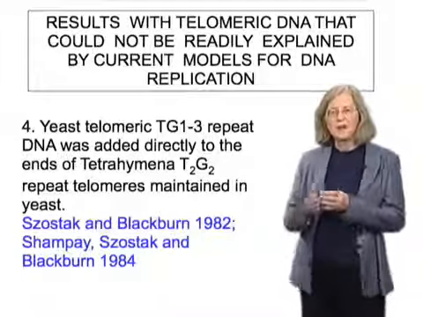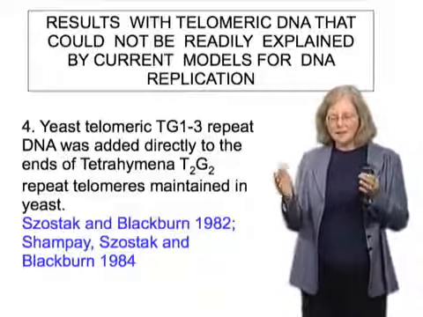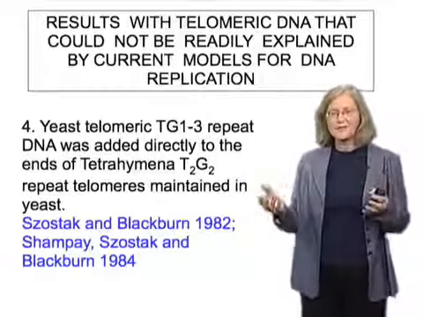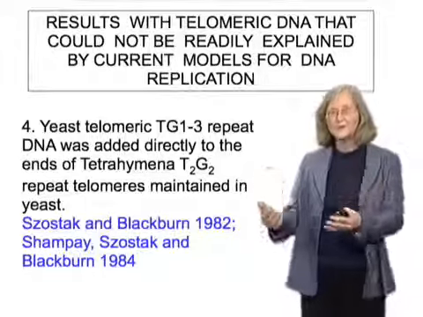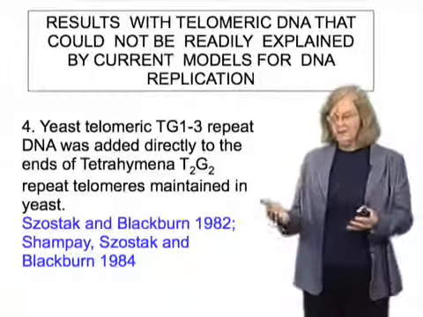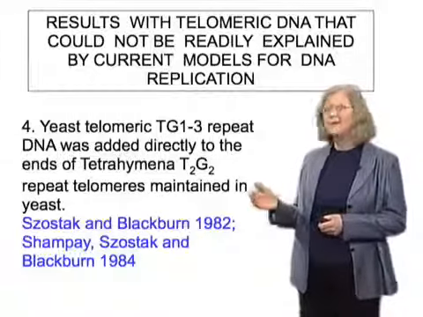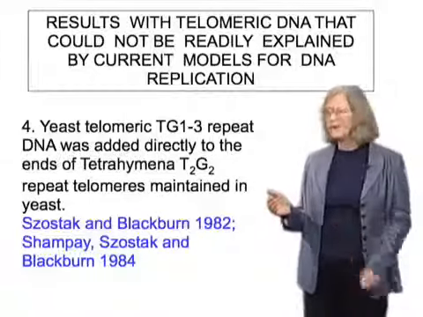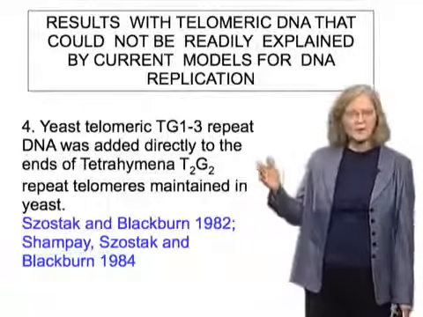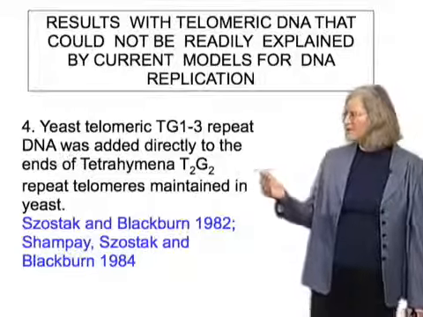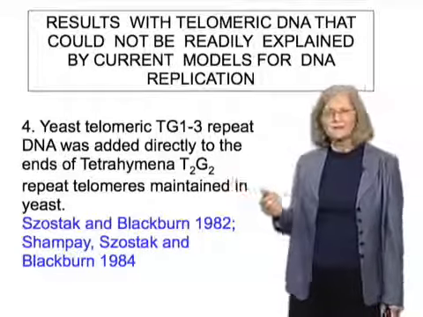And then the resulting hybrid of the yeast linearized plasmid and the telomeres added onto its end was introduced into yeast cells. These were maintained in yeast cells as linear mini-chromosomes, and yeast telomeric DNA repeats were grafted on somehow inside the yeast cells to the ends of the Tetrahymena telomeric repeats.